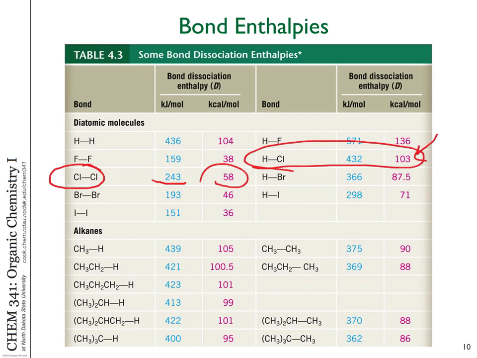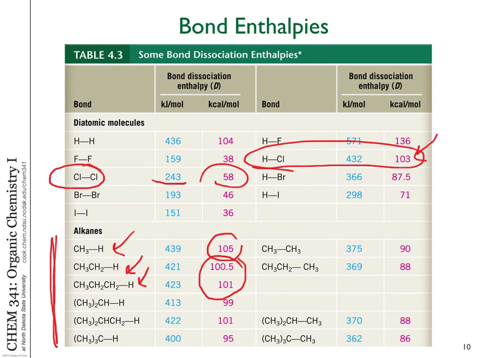Notice these alkanes here. If we look at the energies of the CH bonds, the one that's highlighted here, a methyl CH bond, is 105 kilocalories per mole. A primary CH bond, which is reflected by those two, is about 100 kilocalories per mole, or 101.